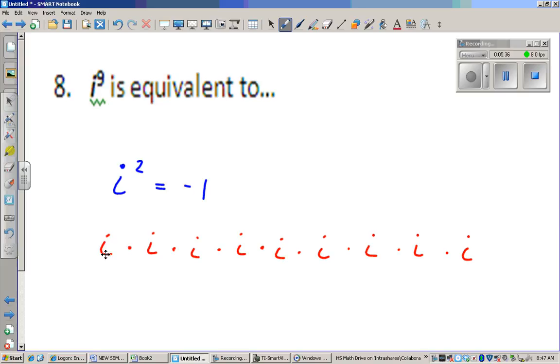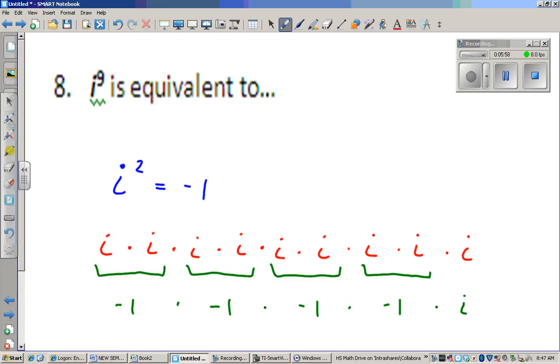And then we pair them up. Now, every time we have 2 of these i's, that's equal to negative 1 because i squared is equal to negative 1. i is the square root of negative 1. So that means that this is negative 1 times negative 1 times negative 1 times negative 1 times i.